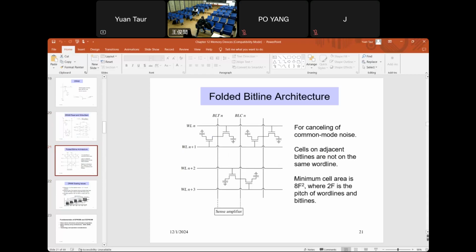But now you sacrifice area by a factor of 2. So that's the trade-off between the cell density and the bit line architecture. This is good because then we have the differential readout with the bit line and bit line complementary, the differential amplifier.